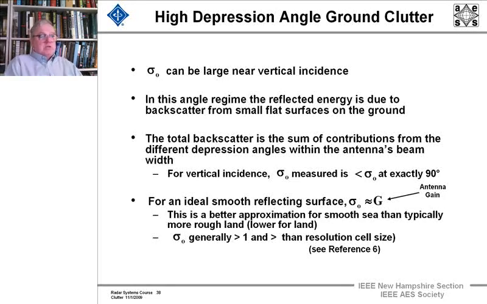For an ideally smooth reflecting surface, sigma 0 is approximately equal to the antenna gain. The approximation is better with smooth sea than with rougher land. It's lower for land. And sigma 0 is generally greater than 1, and greater than the resolution cell size.